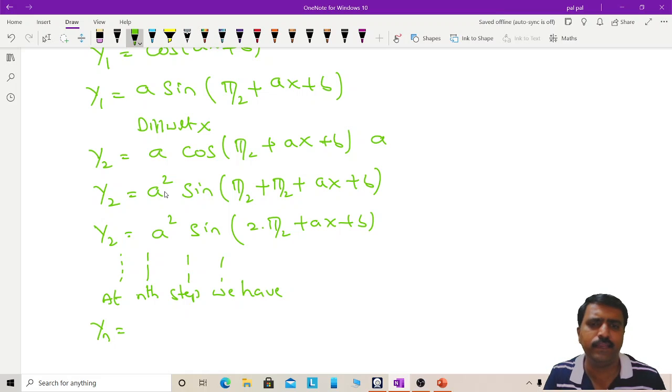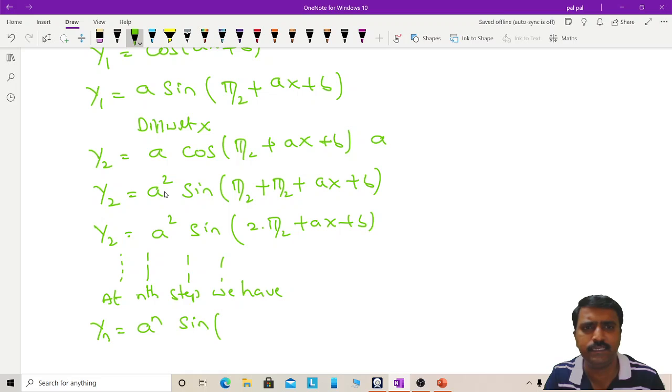Just as y2 has power 2, in yn the power must be n. So you take a to the n into sine. In y2 we write 2 into 90. In y1 we write 1 into 90.